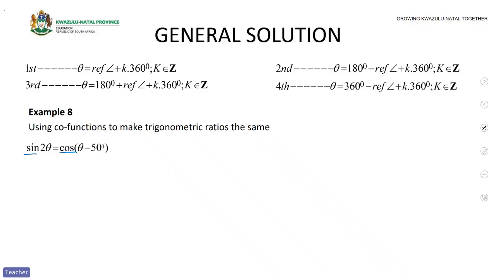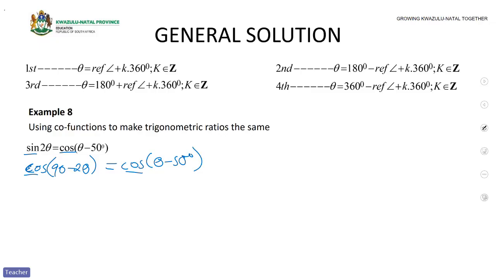So if we have sine and on the other side we have cos, then we must change. So we can change this sine and write it as a cos. When you write it as a cos, it will be cos of 90 minus 2 theta equals cos of theta minus 50 degrees. By looking at these two now, you can see that the ratios are the same.